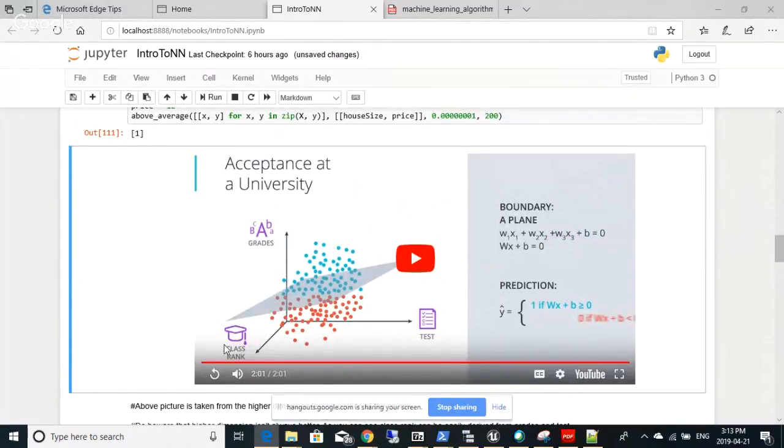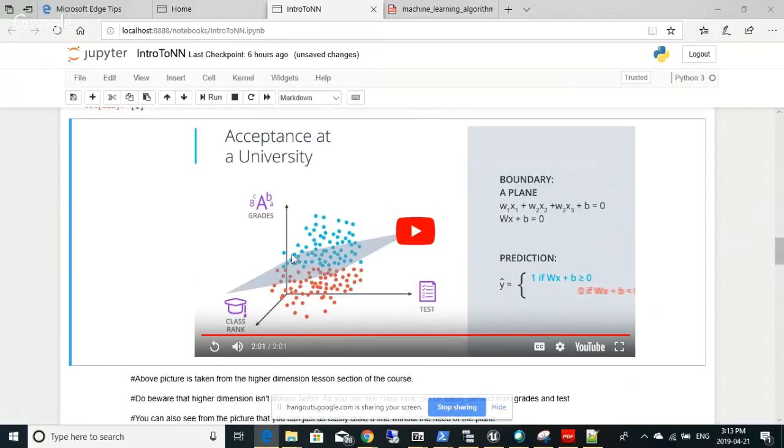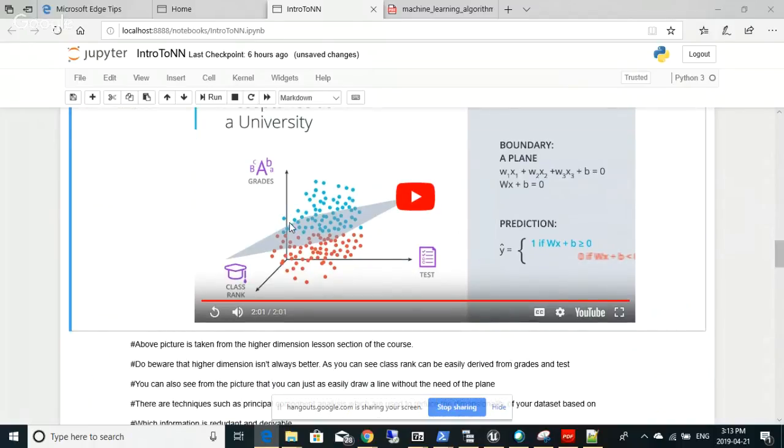So how do you deal with additional variables, with additional dimensions? Having additional dimensions is not always a good thing. You can see with this, the test and grade: if you have a good test and good grade, you're going to have a high class rank, but with bad ones, you're going to have a low class rank.